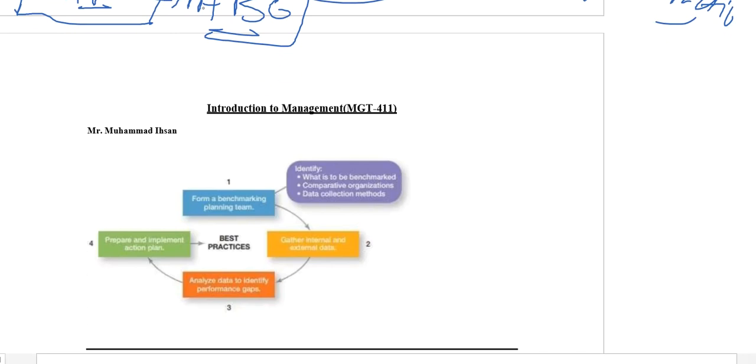So in order to set the best practice, number one, we have to form a benchmarking planning team. First of all, we have to form a team which will set the standards and modalities of the benchmarking. Number two, gather internal and external data.